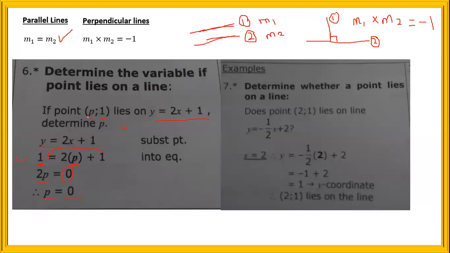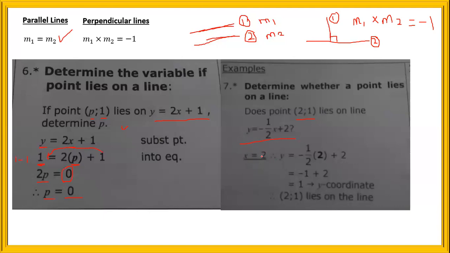Okay, let's do this example here, which says determine whether a point lies on a line. Okay, so we're given a point 2, 1, which lies on a line. All right, and we're given the equation of the straight line. Okay, how do we then do that? How do we prove that this point lies on a line? All right, so what you do is, because we know that x is equal to 2, right?